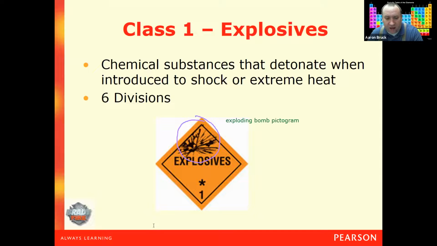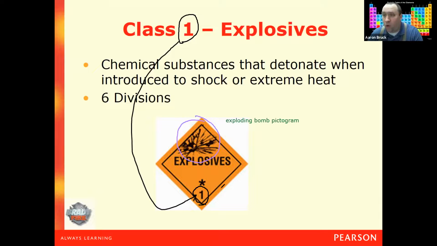Now, the other way to recognize explosives is by number. The class number for the material will always be found somewhere on the placard. The reason is that color is not always the best indicator of the class.